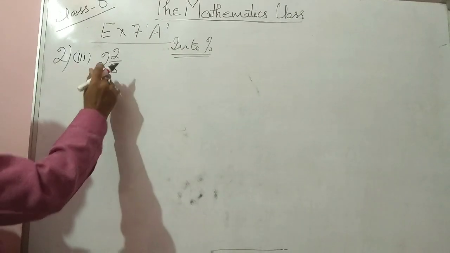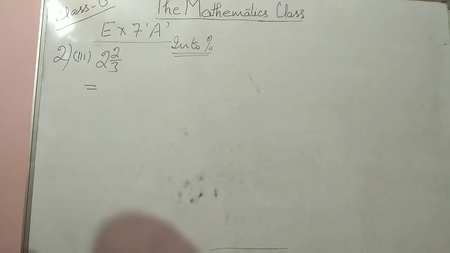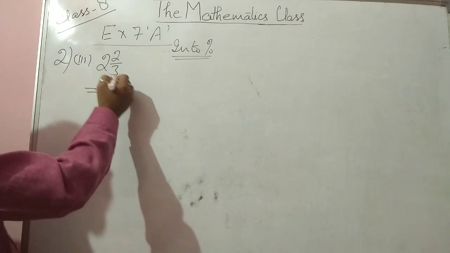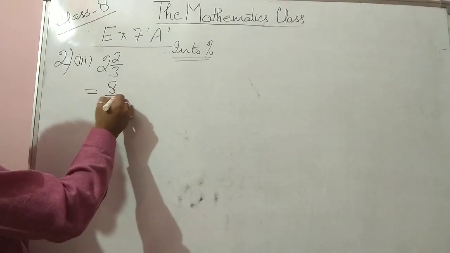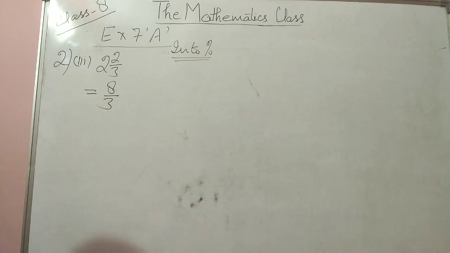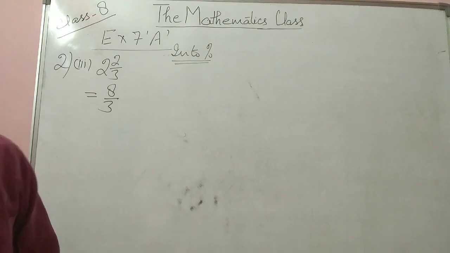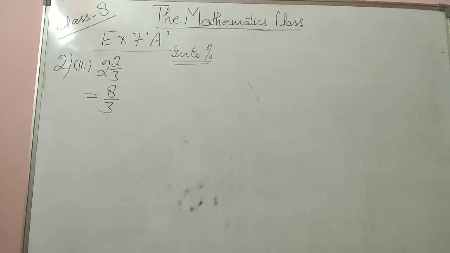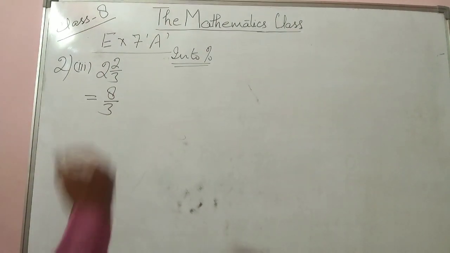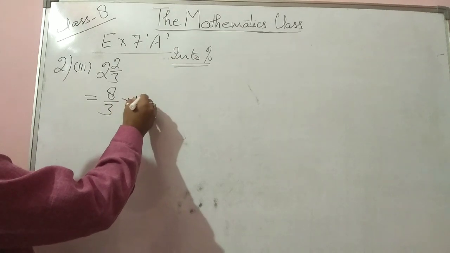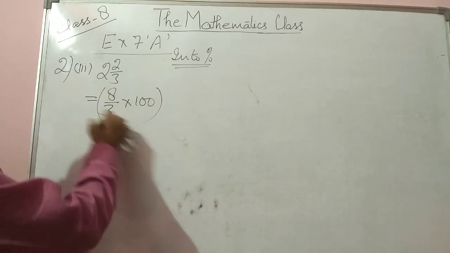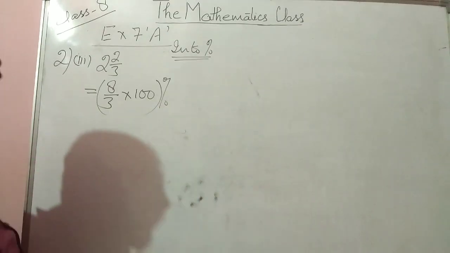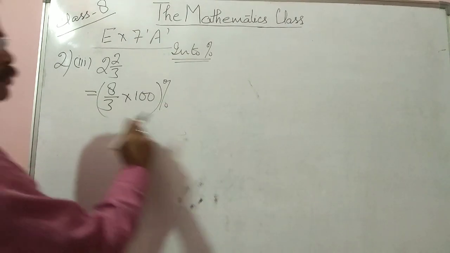So first you convert it into an improper fraction. 3 2s are 6, 6 plus 2, 8 upon 3 is the number. Now when we have to convert a fraction into percent, we simply multiply it by 100 and put a percent sign. This is what we have learned. Now it is 800 upon 3.